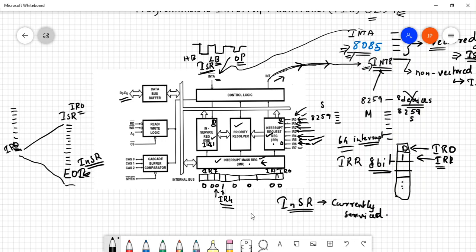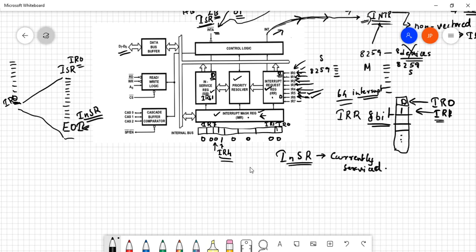Now let's look at how it functions. As we have seen, let's say this is the main program that is being executed. IR6 occurred at some particular point, it goes into the interrupt service routine, ISR of the IR6, and let's say while the execution of the ISR of IR6 is happening, another interrupt occurs, IR5.